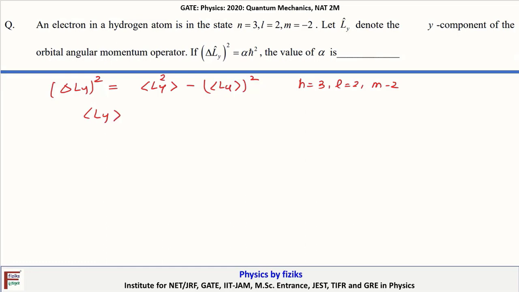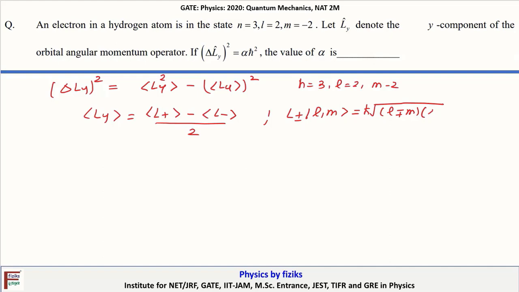Ly is defined in general as L plus minus L minus, divided by 2i, where L plus minus acting on the state l m is defined as h cross root over l minus plus m into l plus minus m plus 1, into the state l, m plus minus 1.